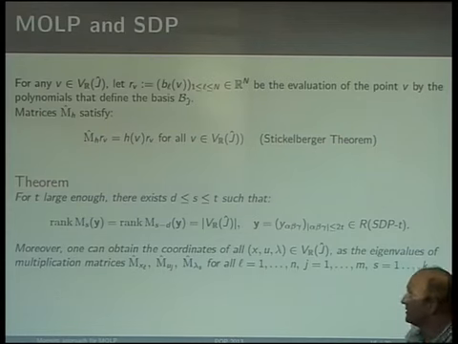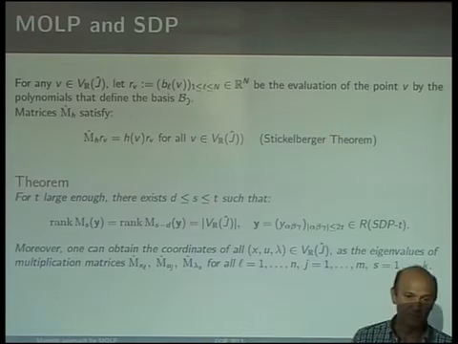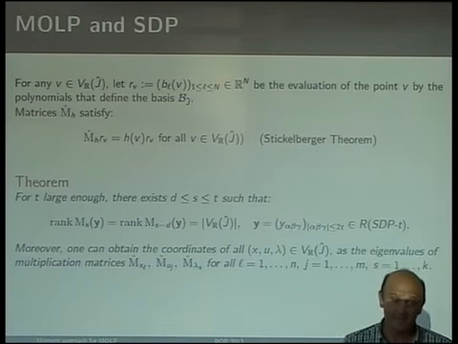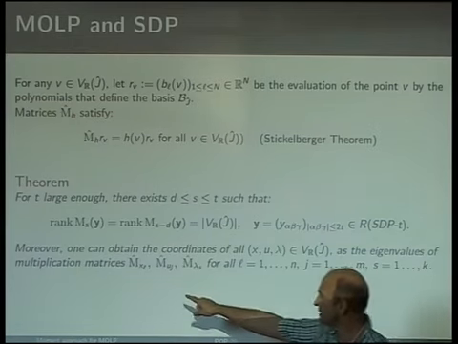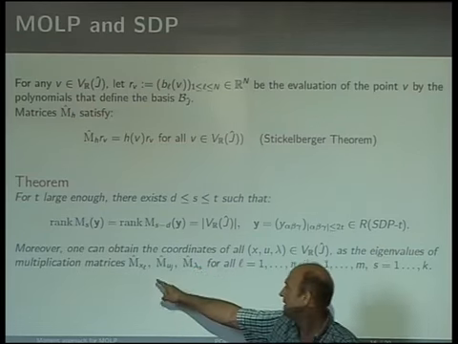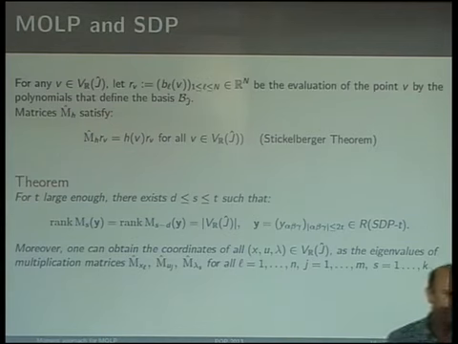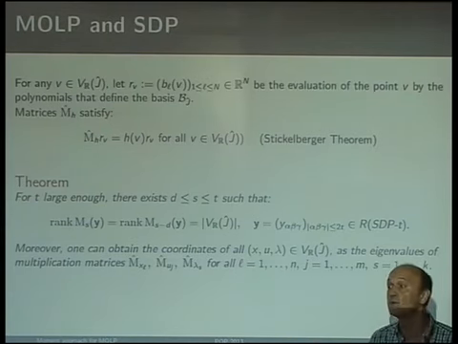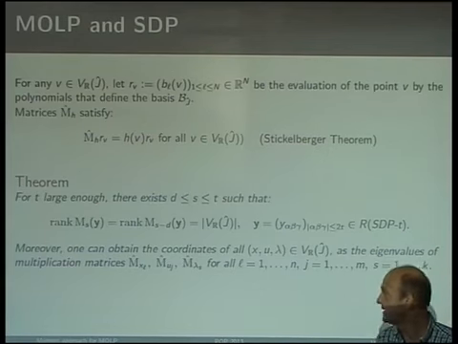The way to obtain the coordinates is simply to consider multiplication matrices of the indeterminates that define the coordinates of your point in the original space. So you will consider this polynomial, which only depends on x_l, and its corresponding multiplication matrix. You will find the eigenvalues of those, and this will give you all the coordinates of the Pareto point in the original space.